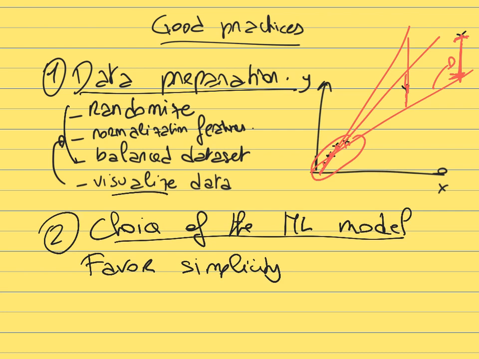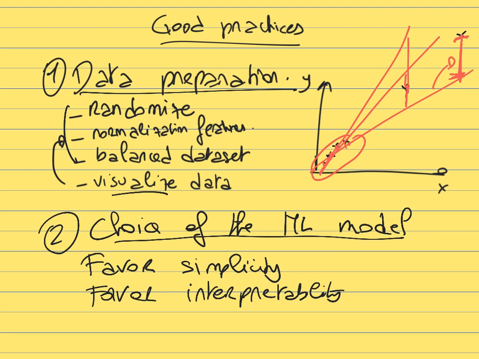The second thing is to favor, whenever possible, the interpretable model. So to favor interpretability. By interpretability, I mean, how can you understand what the model is actually doing? If you train a linear model, then you understand very well what the model is doing.